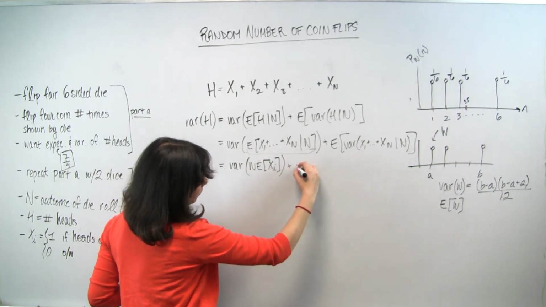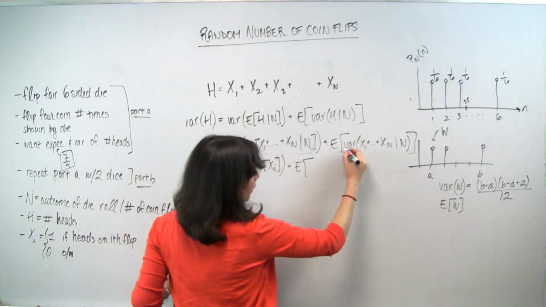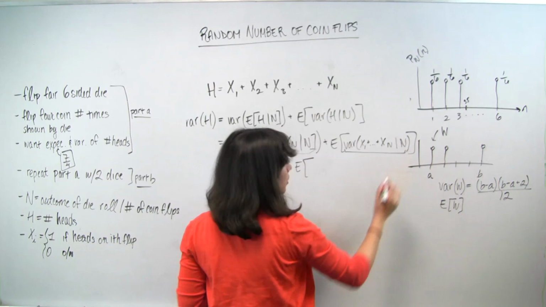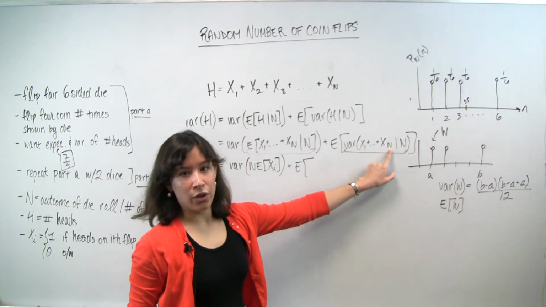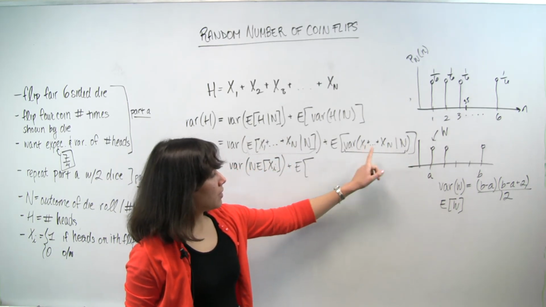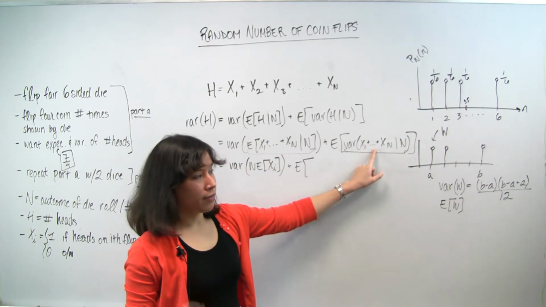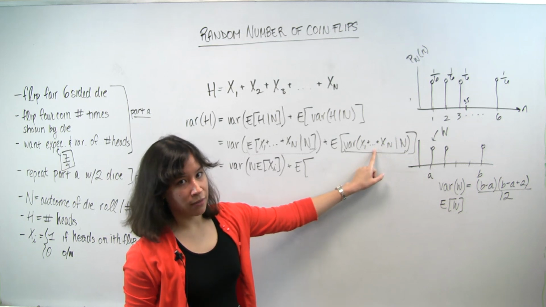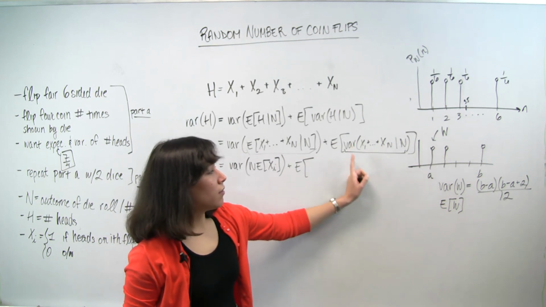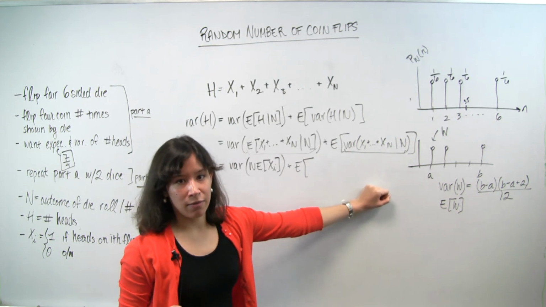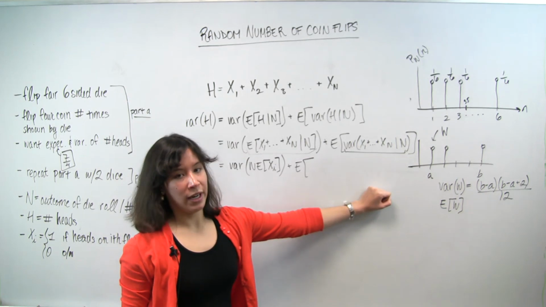And let's do this term over here. This term, well, conditioned on n, this n is known. So we essentially have a finite known sum of independent random variables. And we know that the variance of a sum of independent random variables is the sum of the variances.